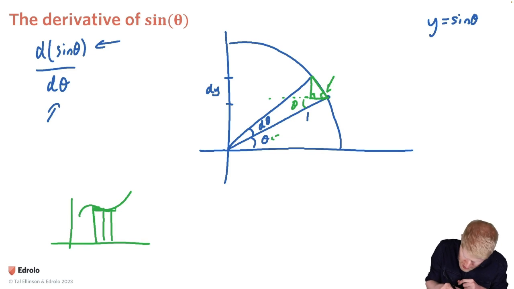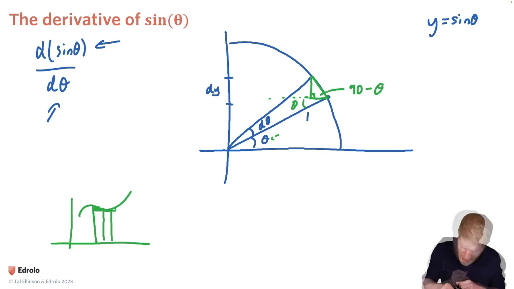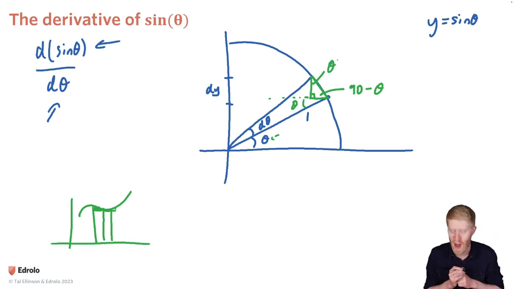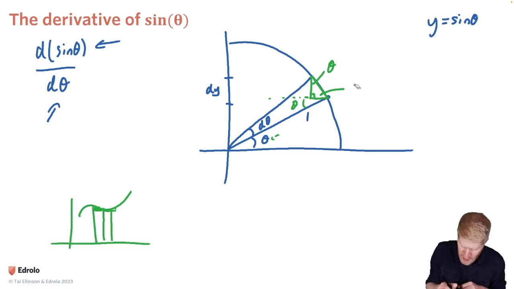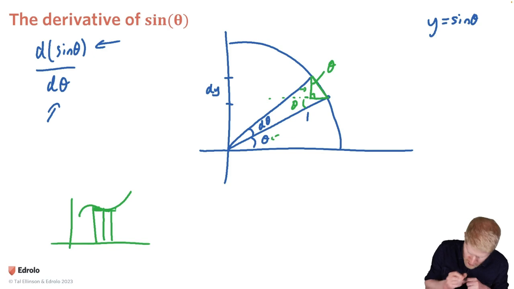That means that this little angle on the inside of the triangle is going to be 90 minus theta. And that makes this angle up the top theta as well, okay? So we're now starting to build the tools that we need to find this dy, this height of this triangle.